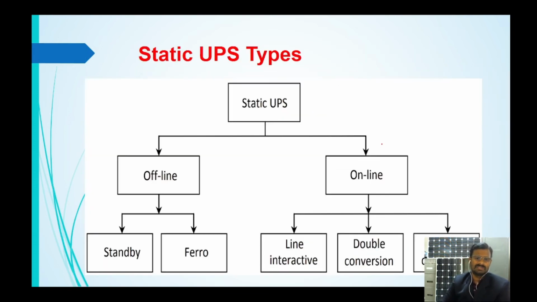So coming to the static UPS types, we have many types in this. Basically we classify them into offline and online. In offline mode we have standby and standby ferro, and online we have line interactive, double conversion, and delta conversion types of UPS.